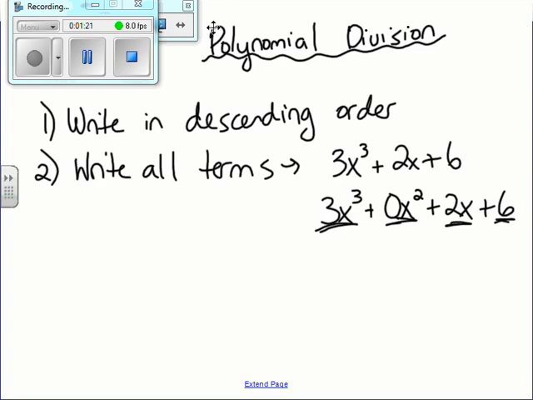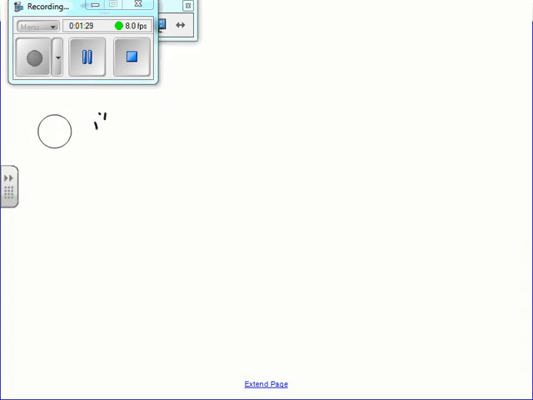Okay? So if we're doing our polynomial division, we're going to write our divisor out front of the house. Remember the house? And then the polynomial that we're dividing is going to go underneath.